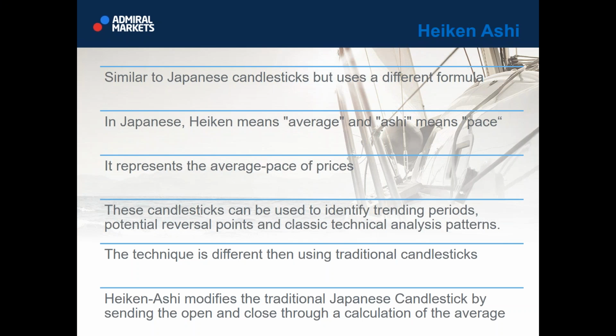Heiken Ashi is a good way to identify trending periods, potential reversal points, and classic technical analysis patterns. The technique is different than if we use traditional candlesticks, because Heiken Ashi modifies traditional Japanese candlesticks by setting the open and close through a calculation of the average.